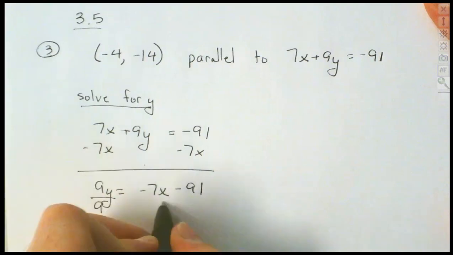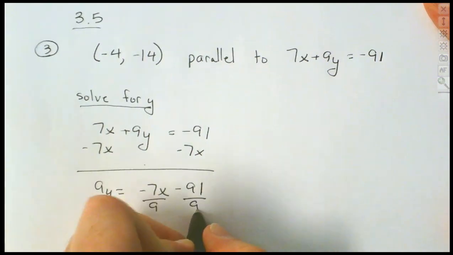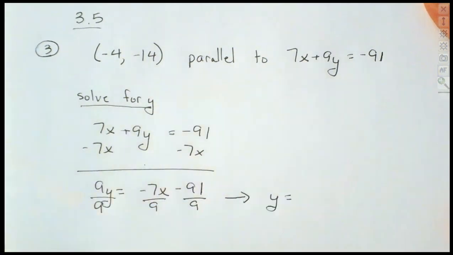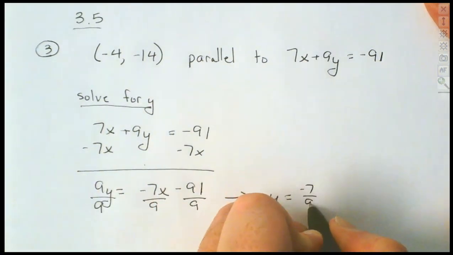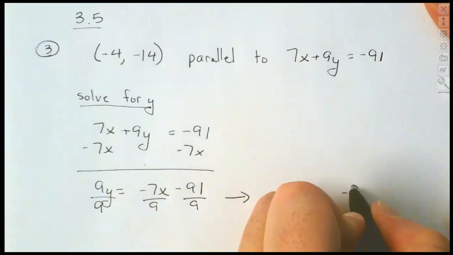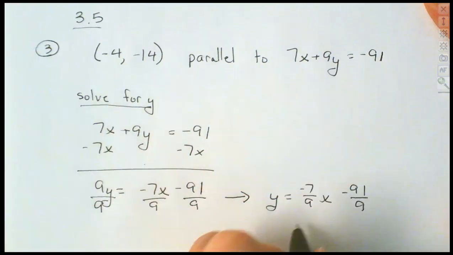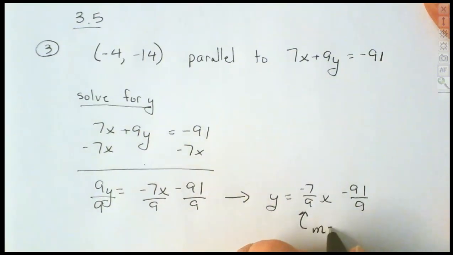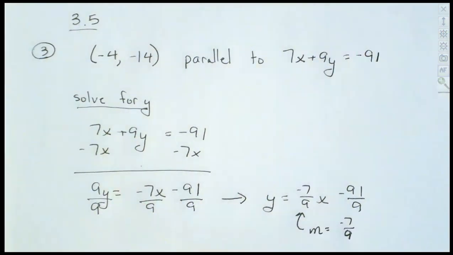Divide by your 9. And that leaves me then with y equals -7/9 x and -91 over 9. So the number in front of your x is your slope once you solved it for y. So that's -7/9.